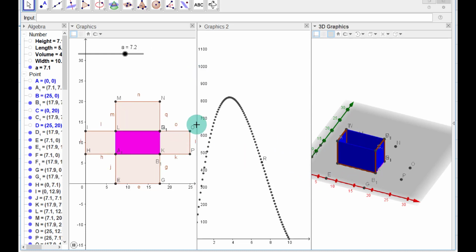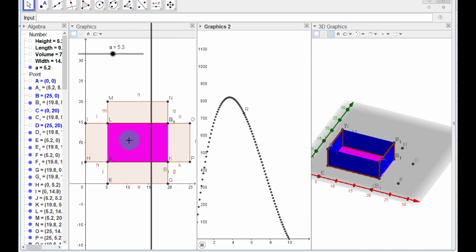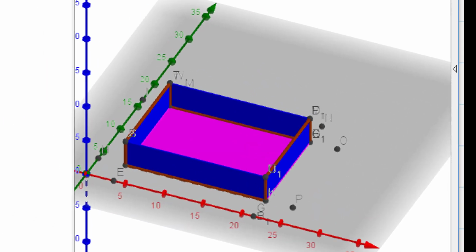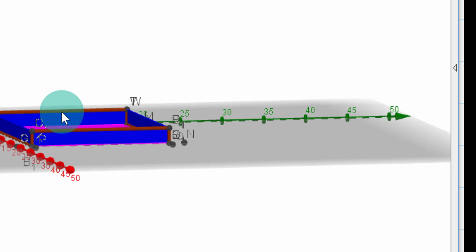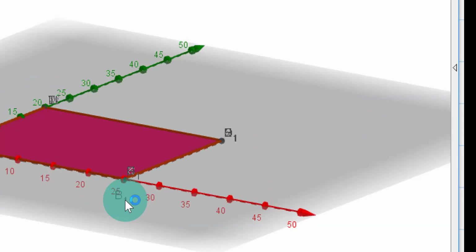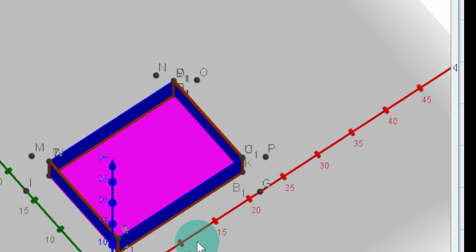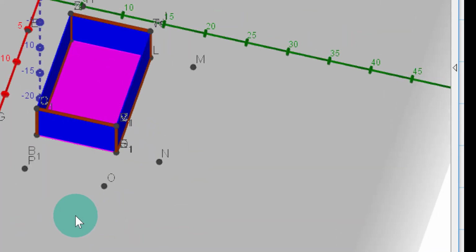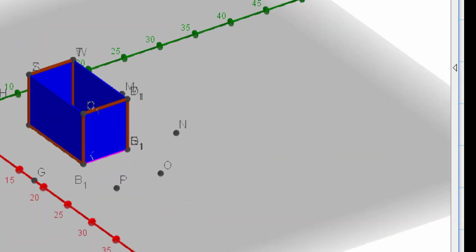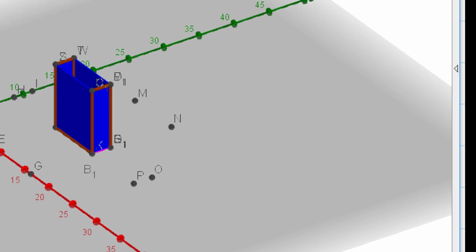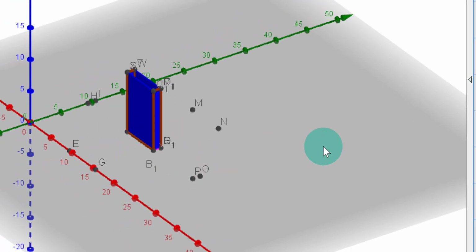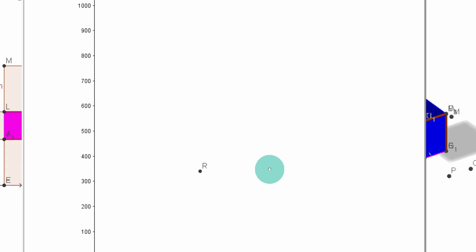What I mean by that, if we focus in over here, you can see the base: as the height gets smaller, the base is larger, and as the height gets larger, the base becomes smaller. In this middle graph, I have represented the volume as the height changes.